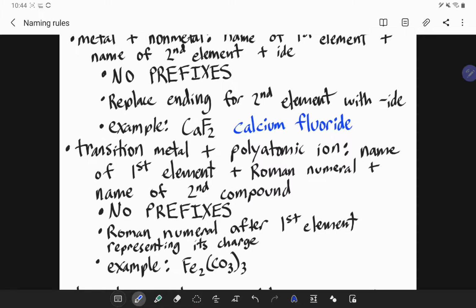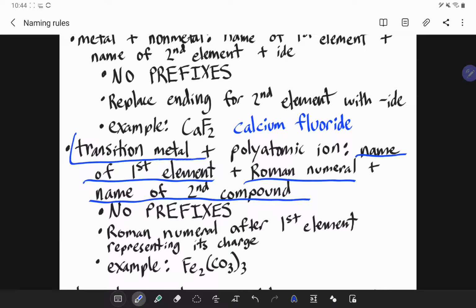So what we're going to do is write down the name of the first element, and then put a Roman numeral after it, and then the name of the second compound. So the difference is when we have a transition metal, and this is something else important to note, every time we have a transition metal, there is always a Roman numeral written after it. So let's try that out.